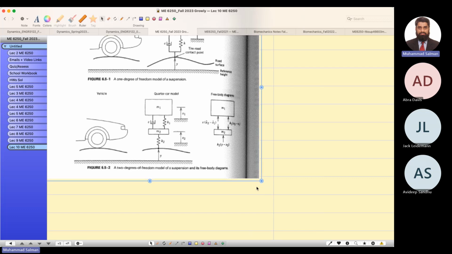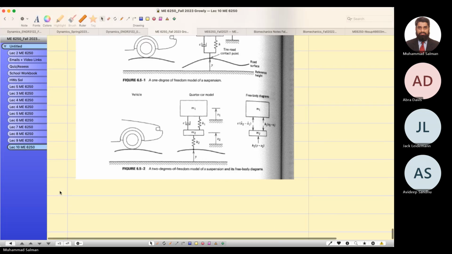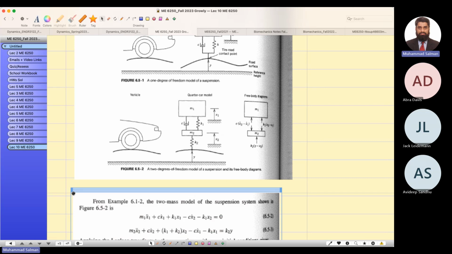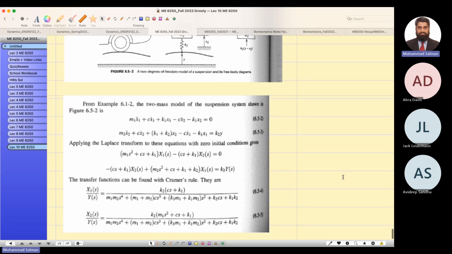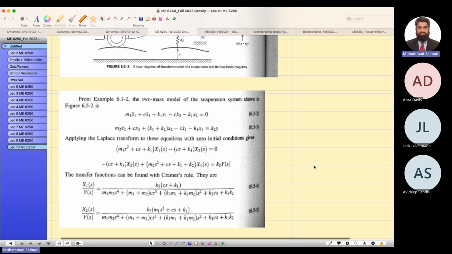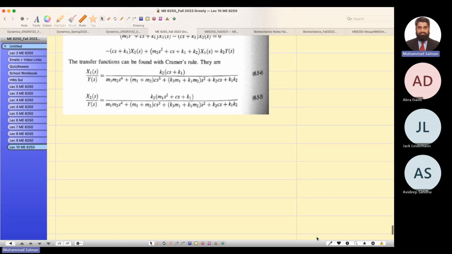The equation of motion for a single tire: derive the equation of motion and find out the output over input. There are two outputs, x1 and x2. Input is y, so the outputs are x1 over y and x2 over y, which is this equation. You can use either Cramer's rule or the determinant; the denominator is the same, the numerator is different.